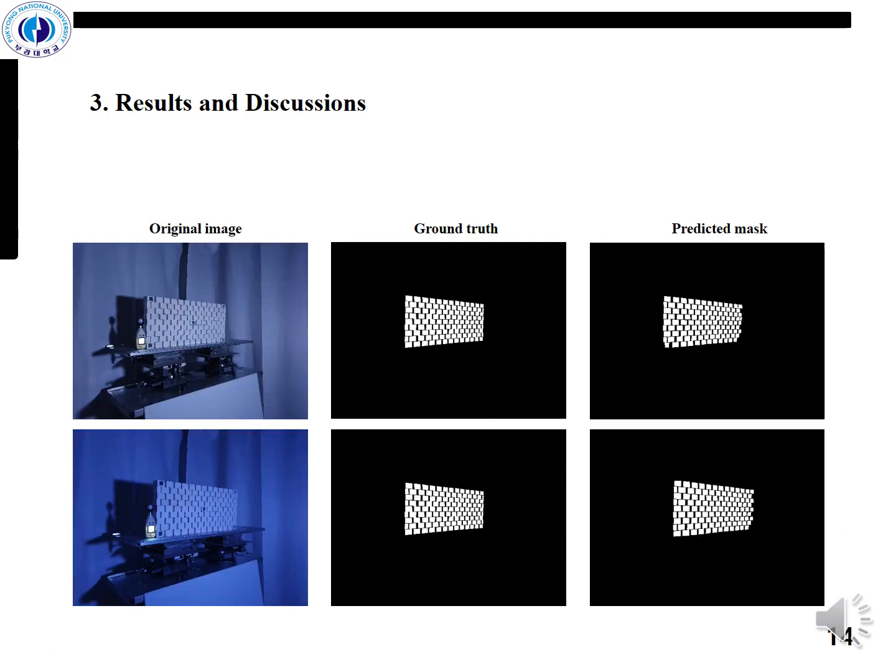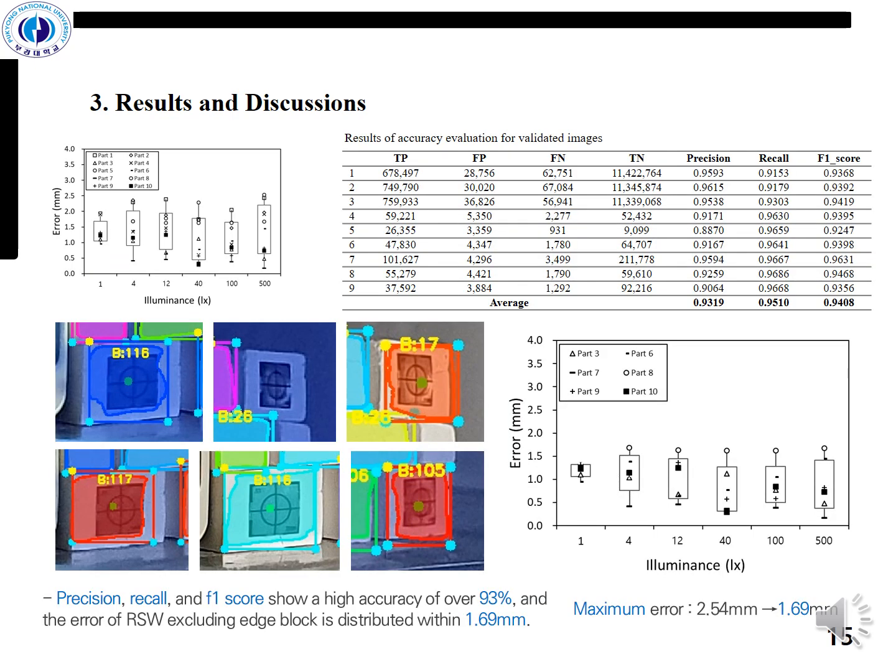This slide shows the result of detection. The original image, ground truth, and predicted mask agree well except for blocks at the edge, especially the right side. Maybe that is because they are too small to be detected as a block.